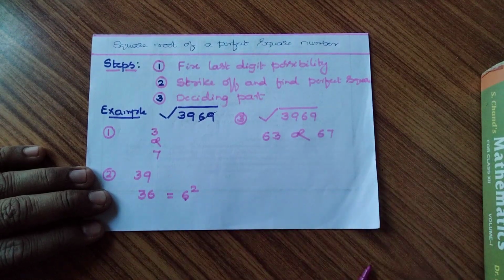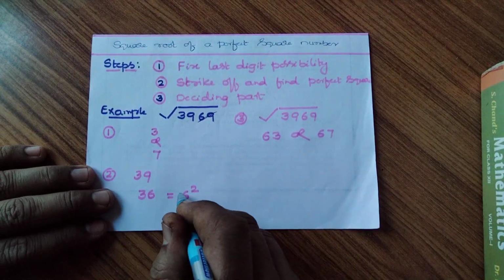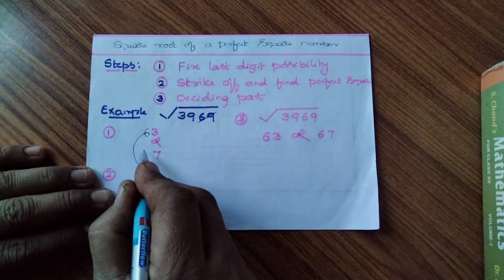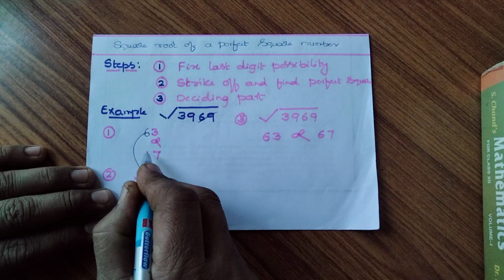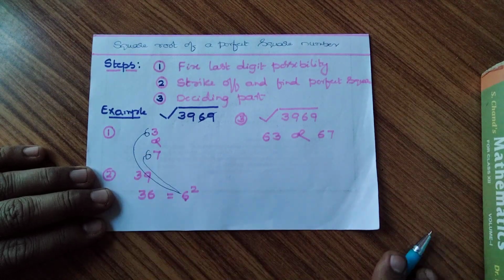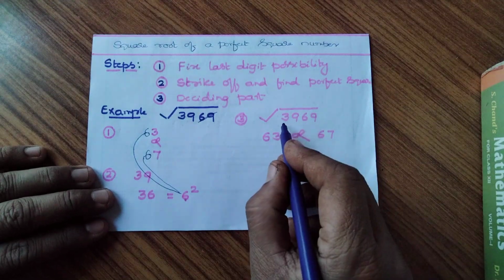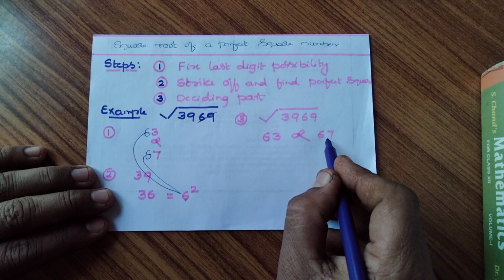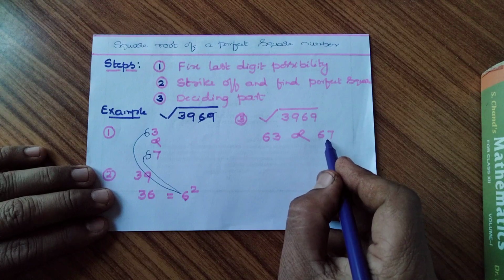Got it? I make use of this 6, either 63 or 67. This is our deciding part. So we have to decide whether the square root of 3969 is 63 or 67.